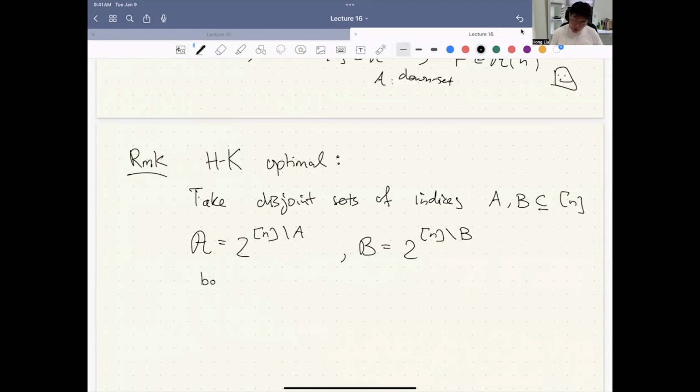Obviously, they are both downsets, closed under taking subsets. And what is A intersect B?